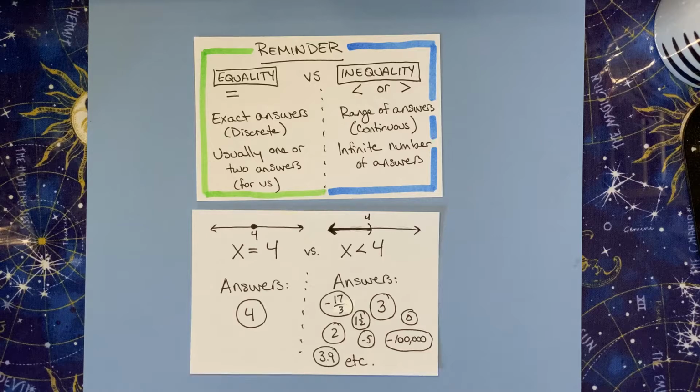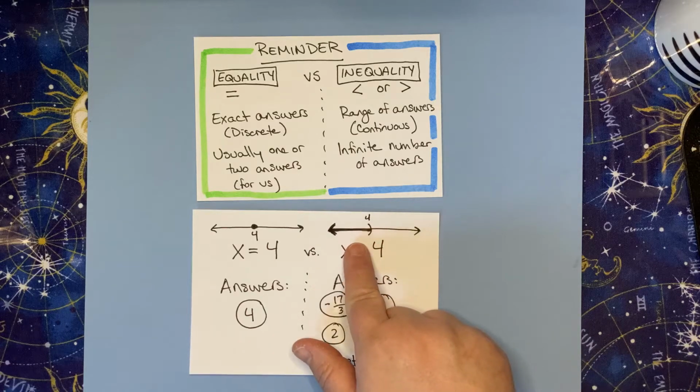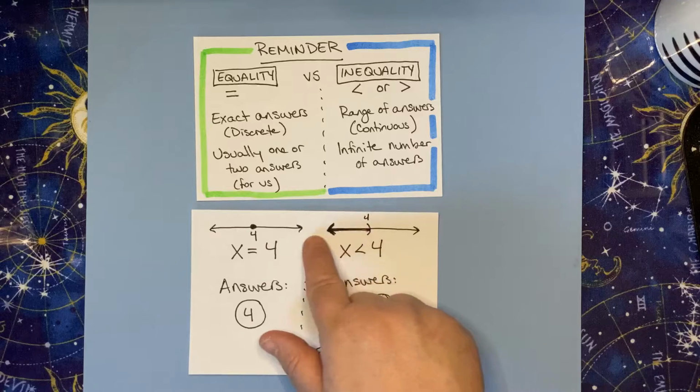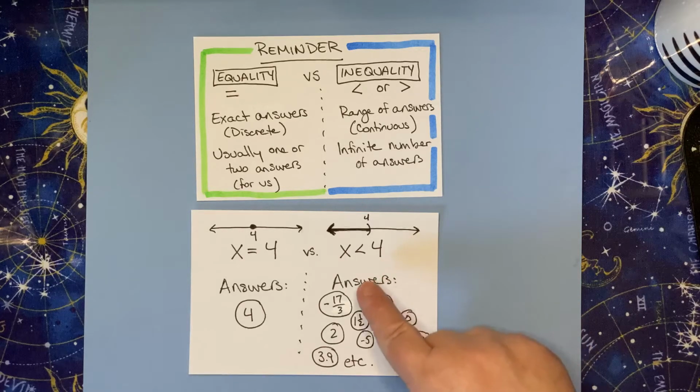So we can't just draw points. When we've got an inequality, the way we represent the answer is either with the inequality or with a graph that shows a range. In the same way, if you're at the carnival and you have to be at least 4 feet tall to ride on a ride, that would be the opposite of this one, which is less than 4.